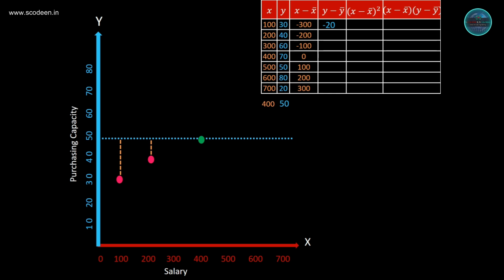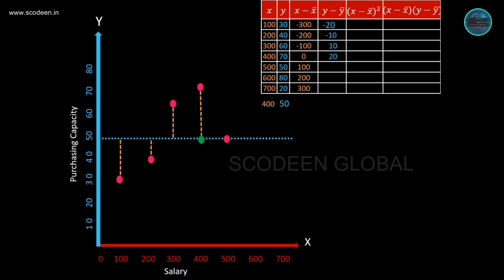The same method we can use to calculate the error of the y-axis for each and every row. The most important point is we have to analyze the error in both the x and y axes.